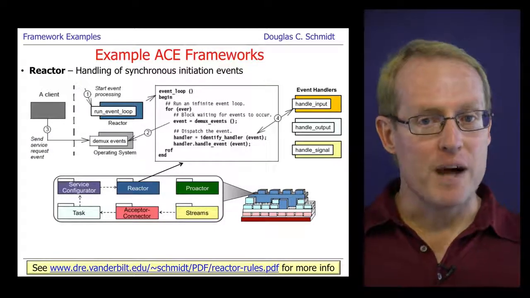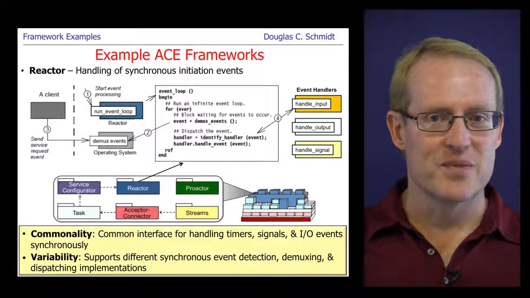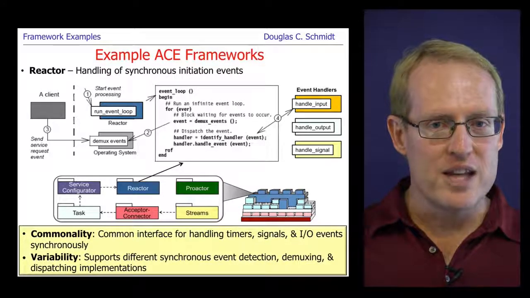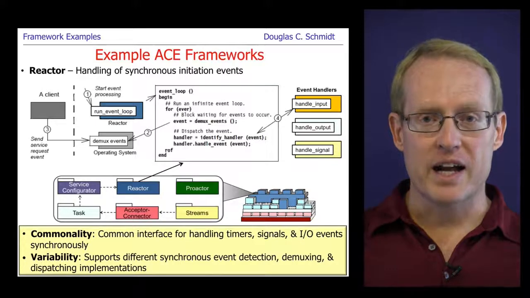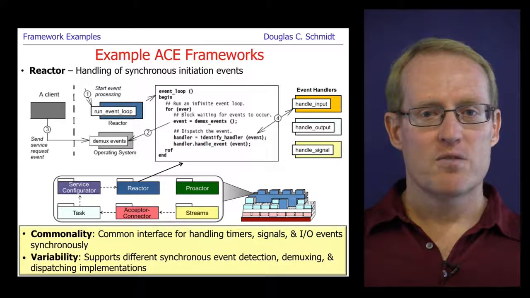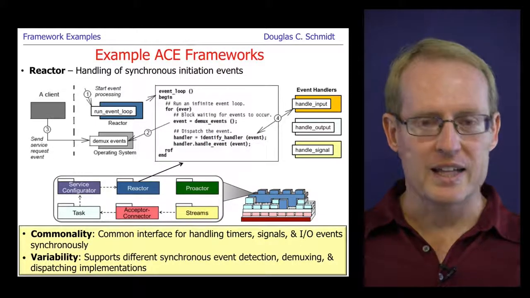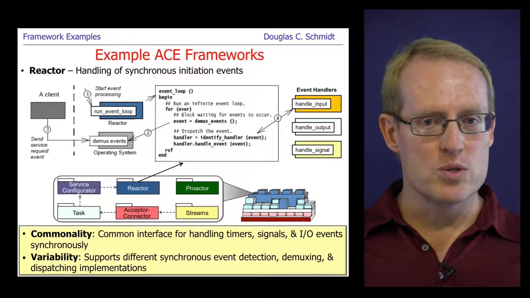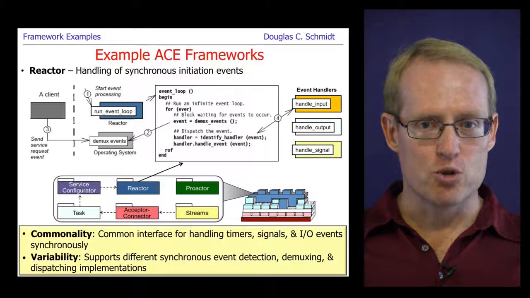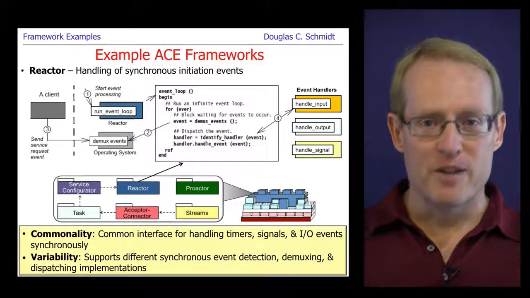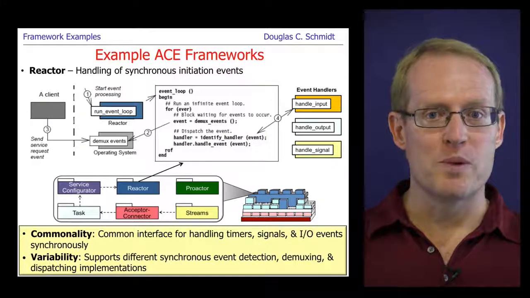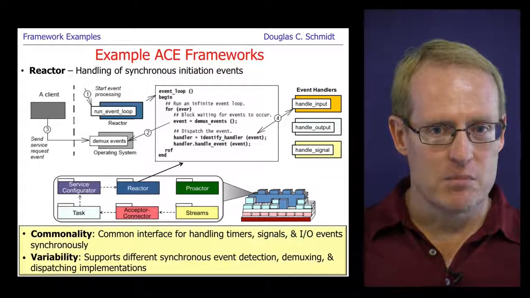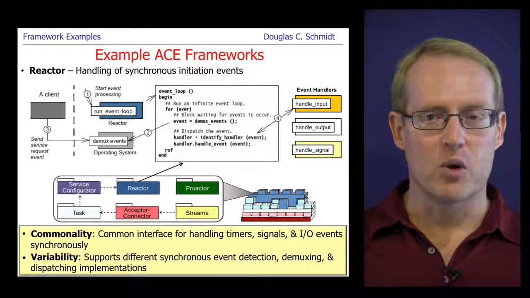From the point of view of commonality and variability analysis, you can think about the ACE Reactor framework providing a common interface for various kinds of signal handling, I/O events, timers, and so on that are used in a synchronous initiation event-driven model. The variabilities naturally will be the kinds of event multiplexers that you're working with. Are you working with select?